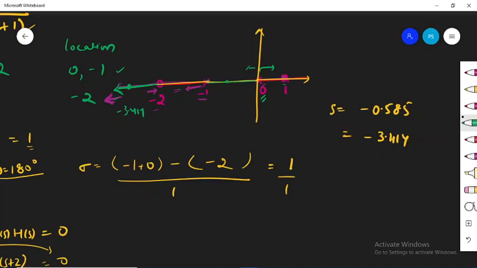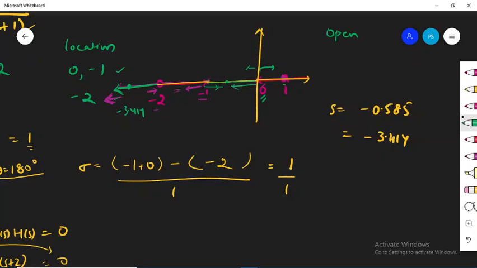Now you can understand what will actually happen. Root locus starts with open loop poles. We had two open loop poles. Those open loop poles could move in only one direction each: this minus 1 could go only this way, and this one could go only that way.